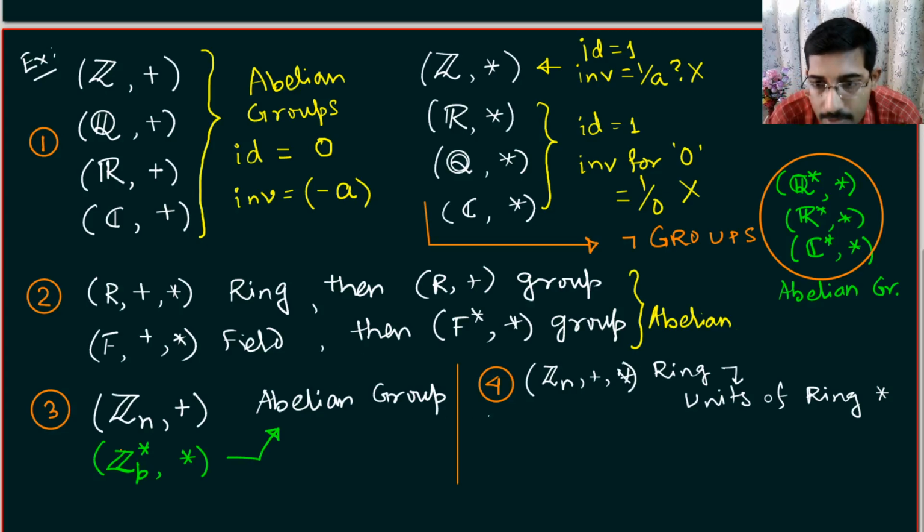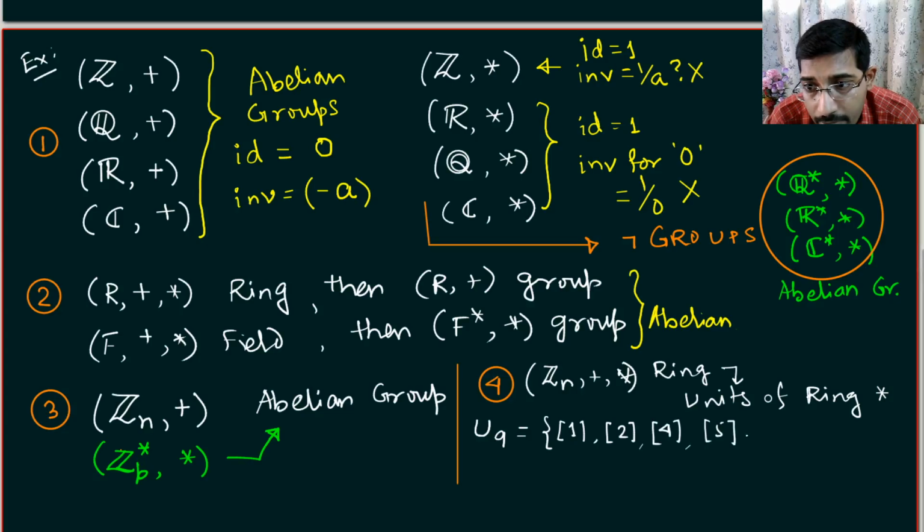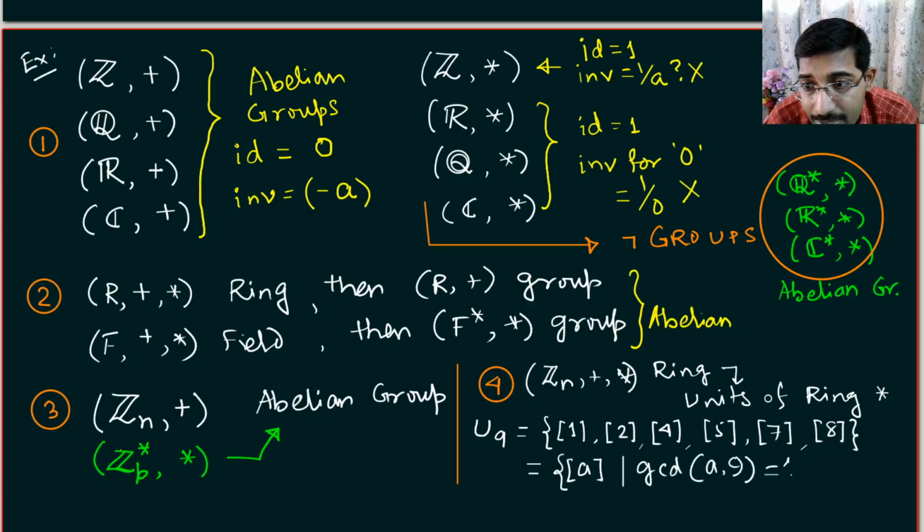For example, for Z9, what are the units? The units for Z9 would be 1, 2, 4, 5, 7, 8. Why? Because these are the elements A such that the GCD of A and 9 is equal to 1. This is the unit, because for those elements A inverse exists as per the definition of units.